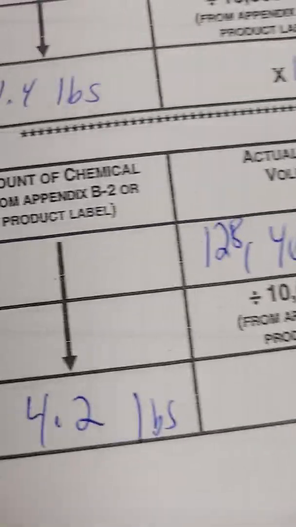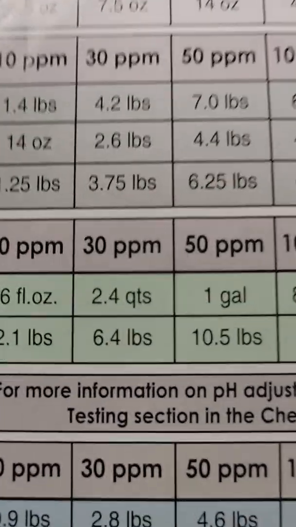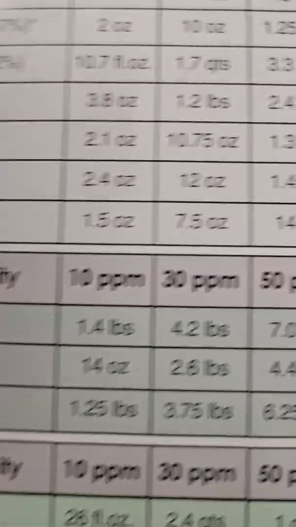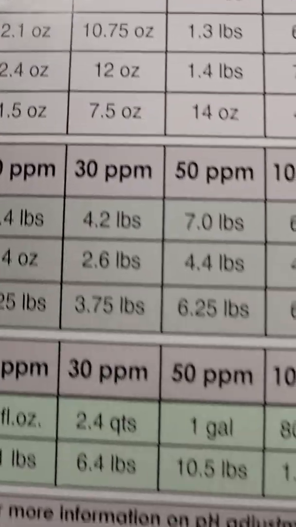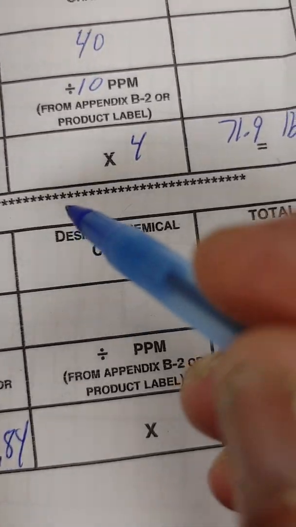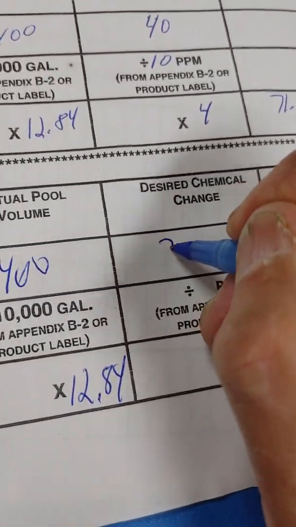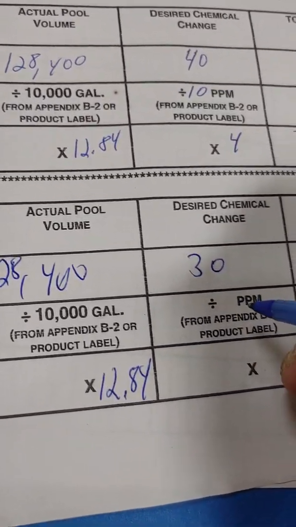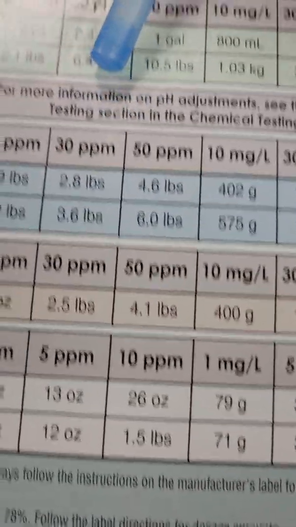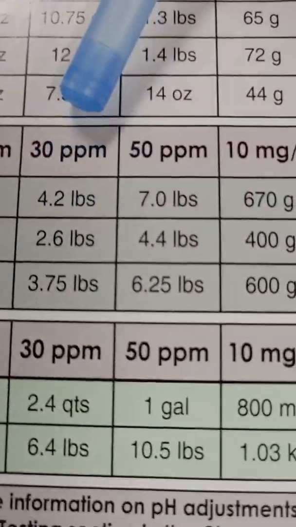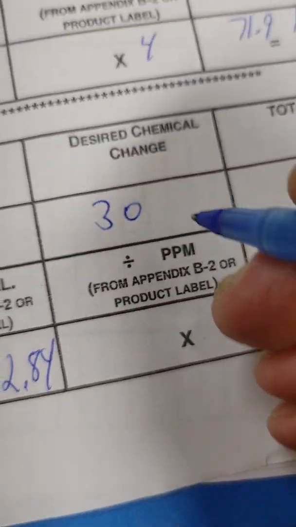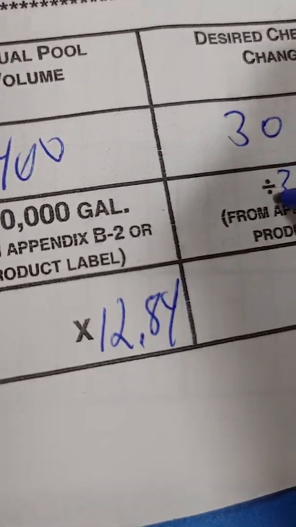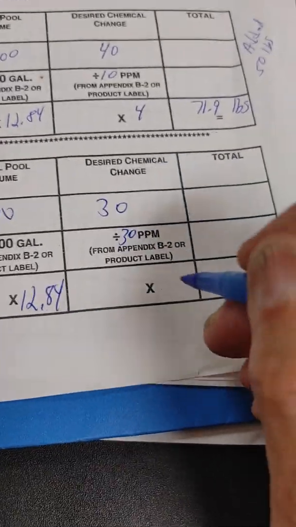So I already decided that the 4.2, which is over here, is going to be the 30 parts per million. So what I do here is the desired change is 30. You divide that by the ppm, which is what we decided up here, 30 parts per million. So we put that in there. 30 parts per million divided by 30. Make that simple. 30 divided by 30 is 1.